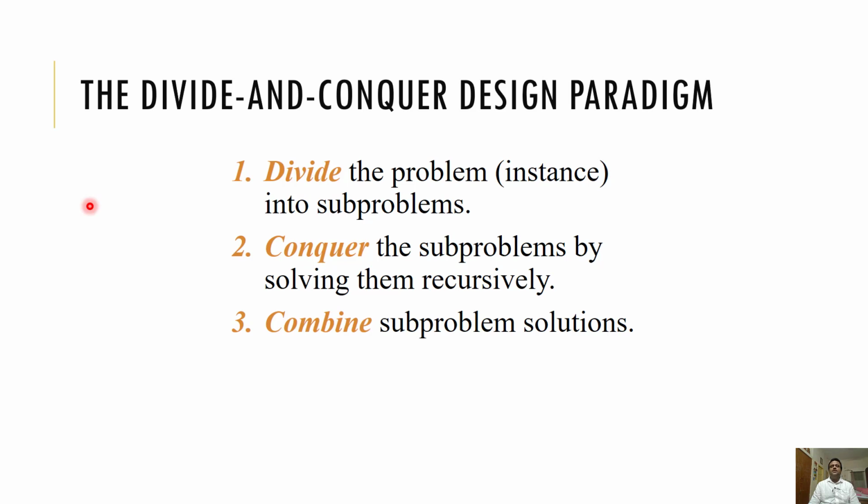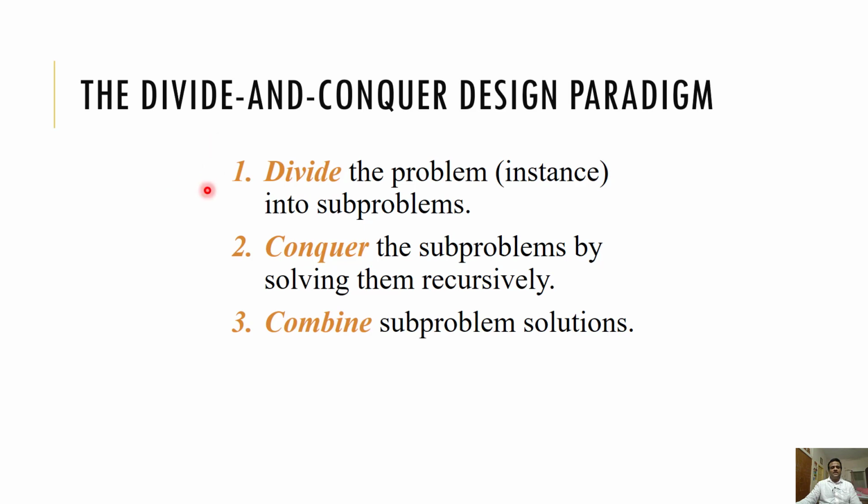We divide the array into two sub arrays of equal size, n by 2 and n by 2, and then we recursively sort those two sub arrays by the same merge sort call. Once we have two sorted sub arrays, we call merge to get the sorted array. That was an example of the divide and conquer technique.